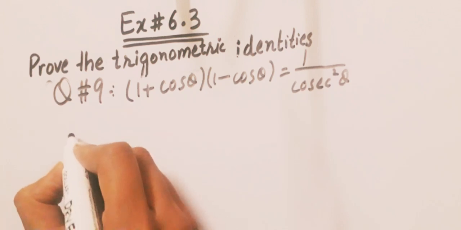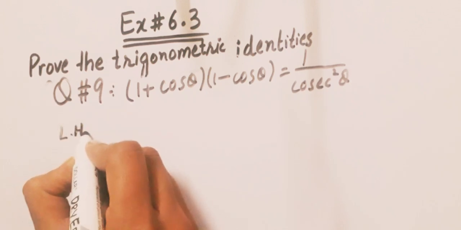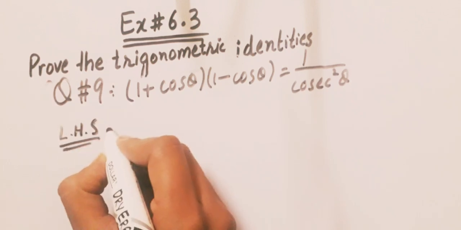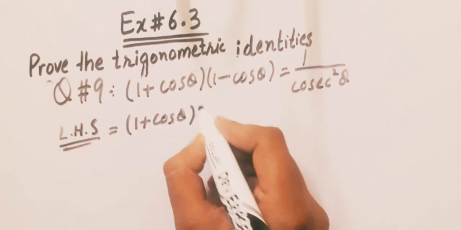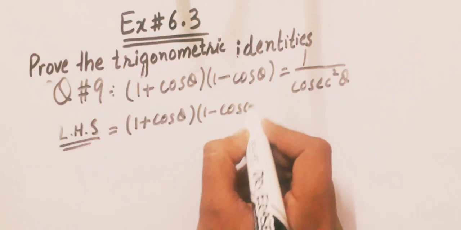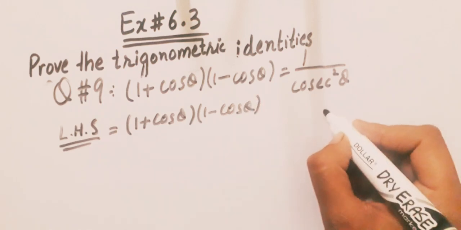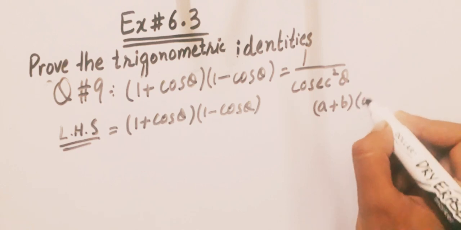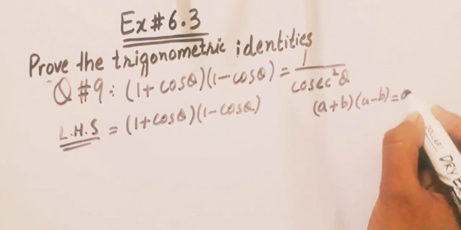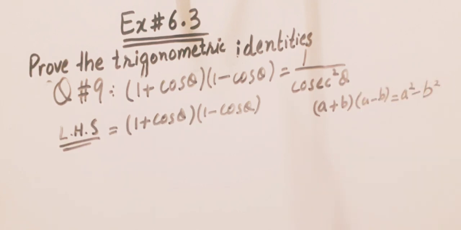Now we will take left hand side, which is equal to 1 plus cos of theta into 1 minus cos of theta. Here we apply the formula of a plus b into a minus b, which is equal to a square minus b square.